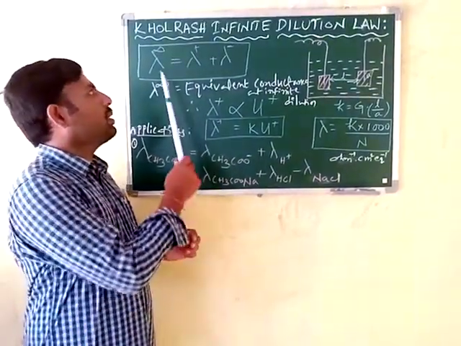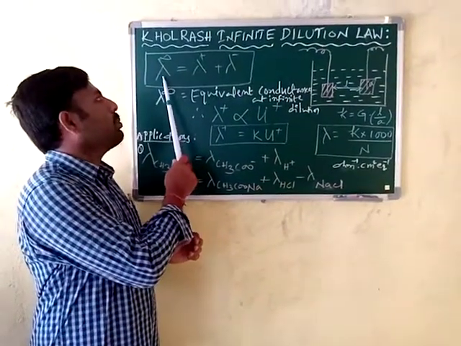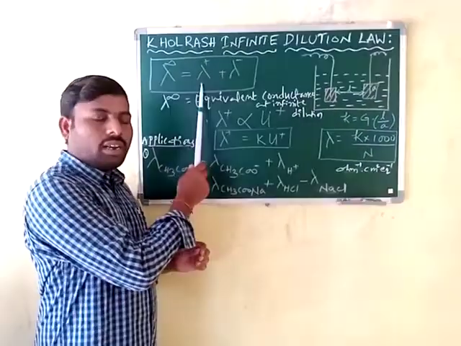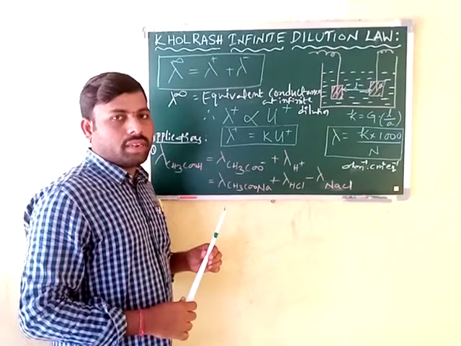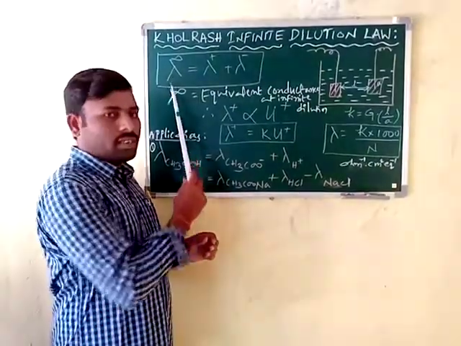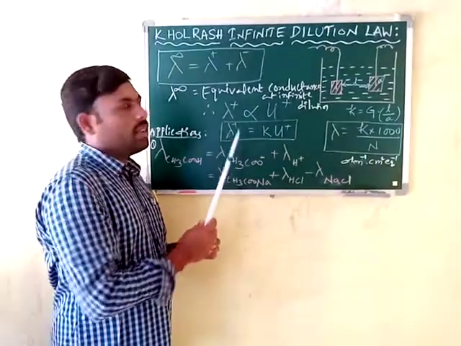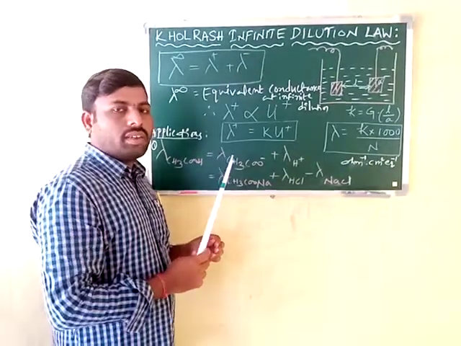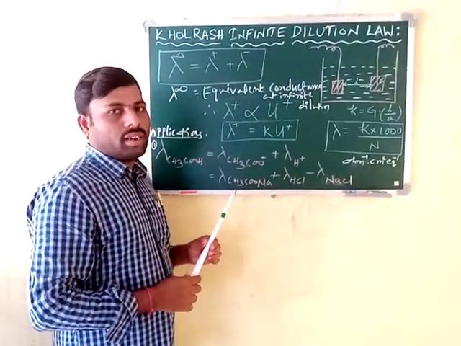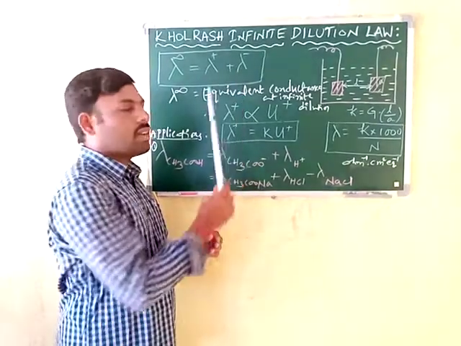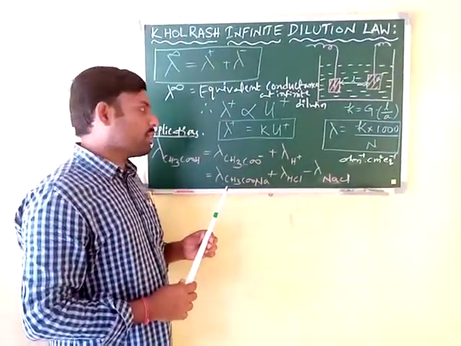Mathematically, lambda infinity is equal to lambda plus plus lambda minus, where lambda infinity is the equivalent conductance at infinity dilution, lambda plus is the equivalent conductance of cation and lambda minus is the equivalent conductance of anion.